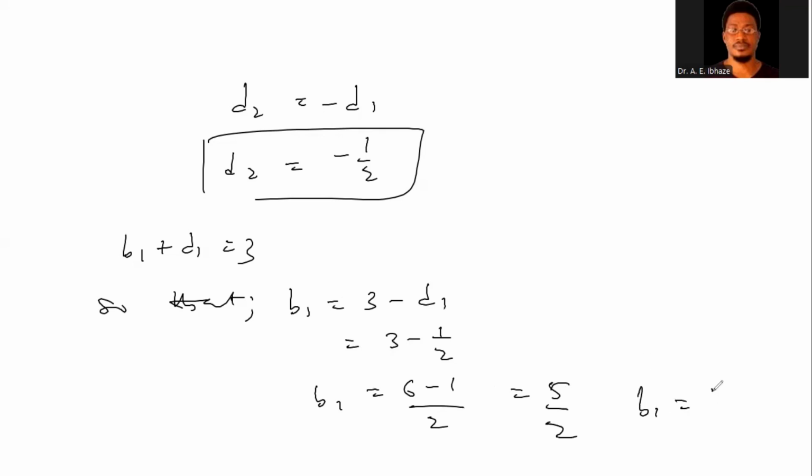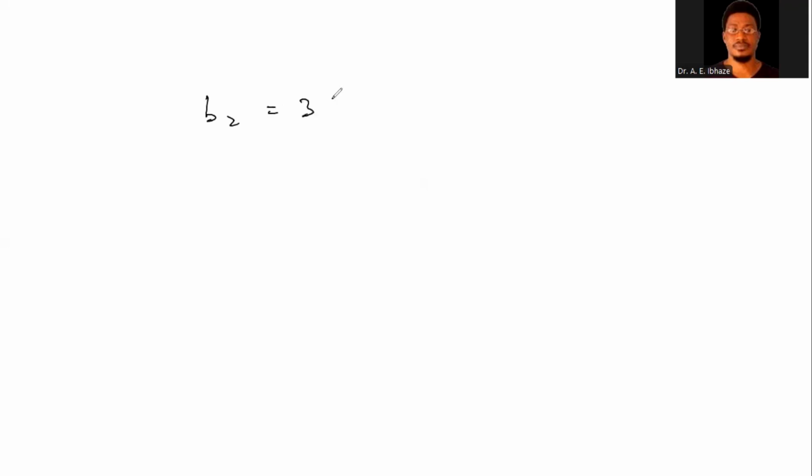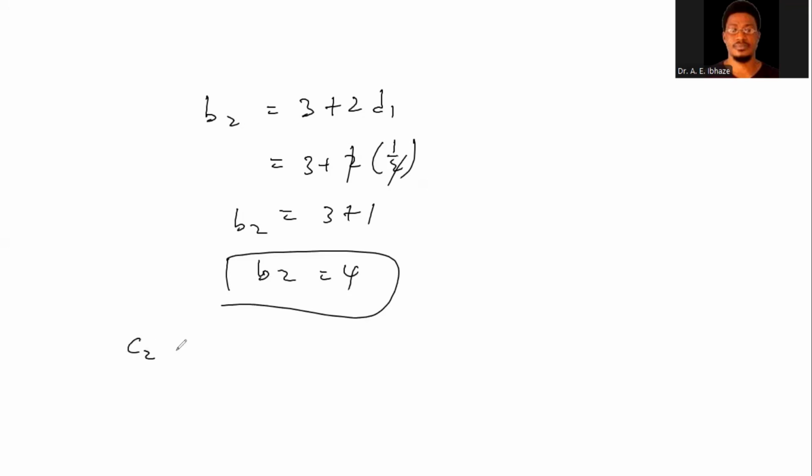So that b1 is the same as 5 over 2. And also, we know that b2 is the same as 3 plus 2d1, so that 3 plus 2 into bracket 1/2. So this knocks this off, so it will be 3 plus 1. So b2 is the same as 4. And also c2 is the same as 3d1, which will be 3 times 1/2, which is 3 over 2.